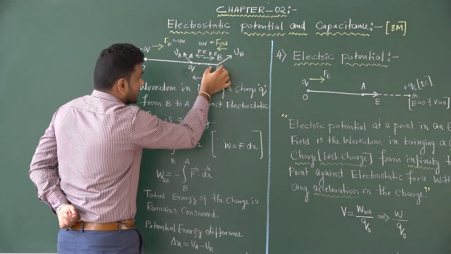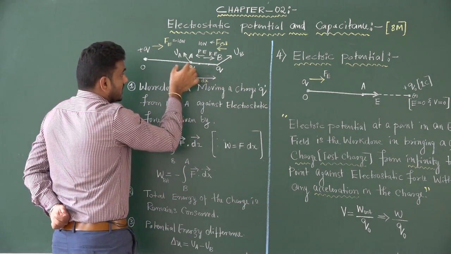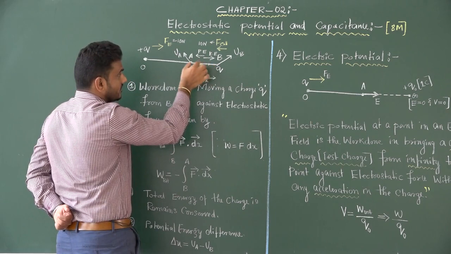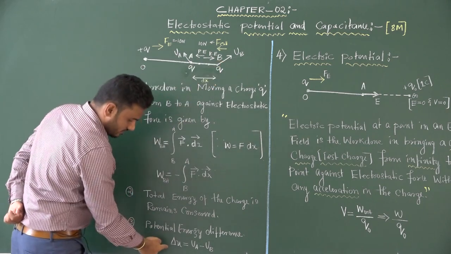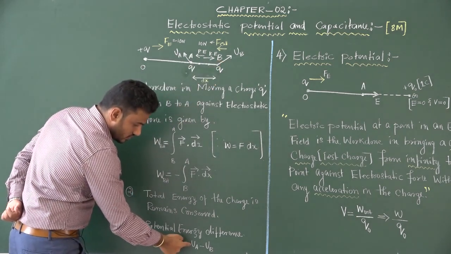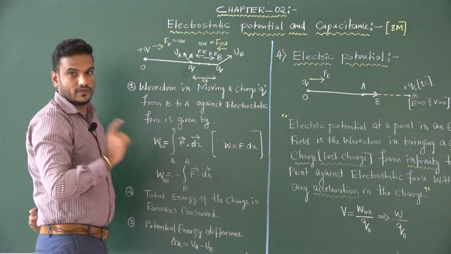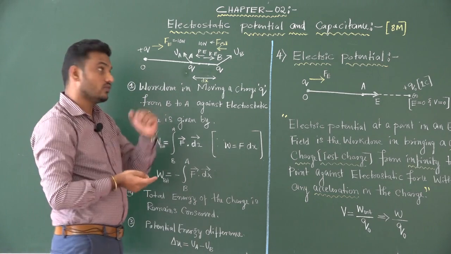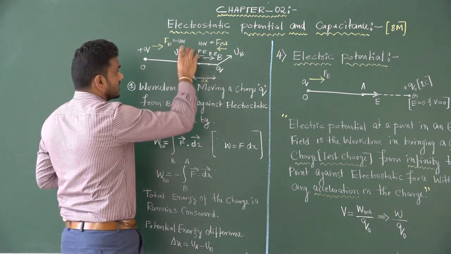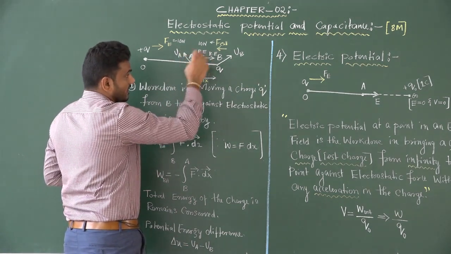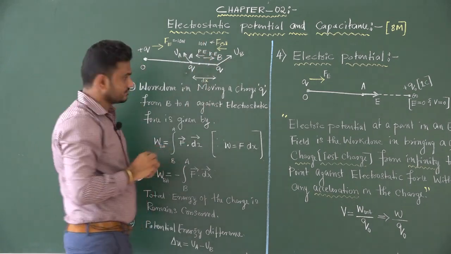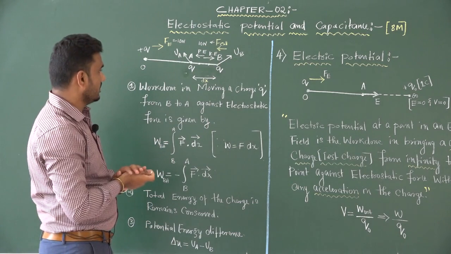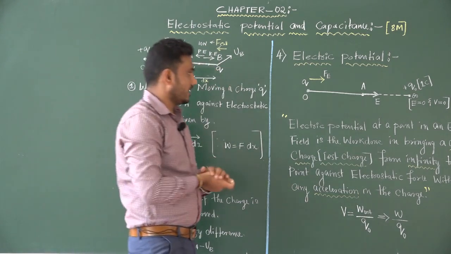When you bring the charge from B to A, the potential energy is UA. So there is a potential energy difference between these two points, given by delta U equals UA minus UB. Here you are supposed to write UA minus UB only. Why? Because potential energy is higher at point A compared to point B. That is the first, second and third point. Now I will move to the fourth point.